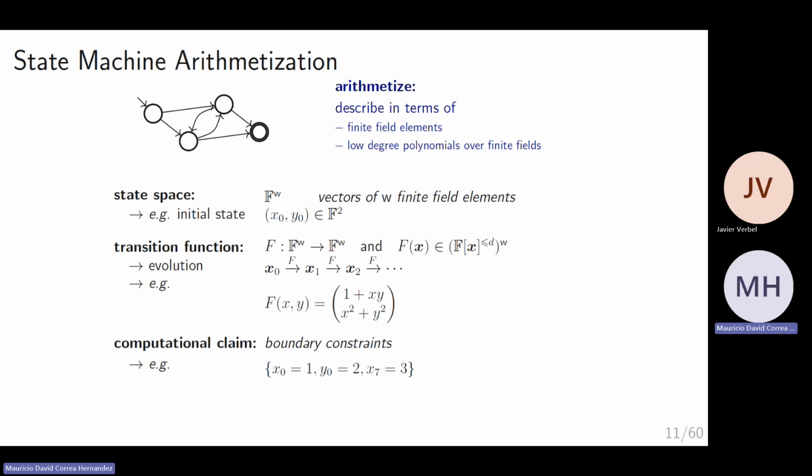So that gives rise to a computational claim where you fix particular values in the very first state and the very last state. And you don't have to fix the entire state. You can fix a subset. So for instance, you could be fixing x0, first state x, first state y, and only x in the last state.